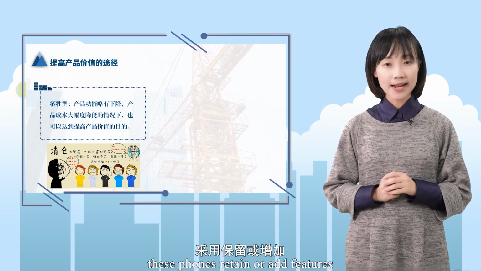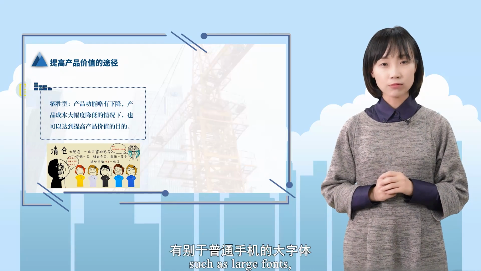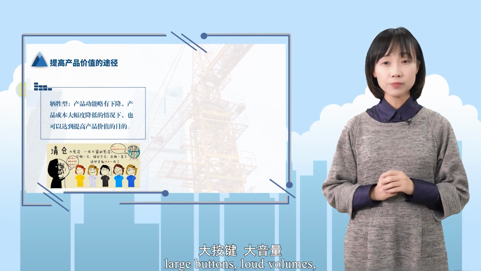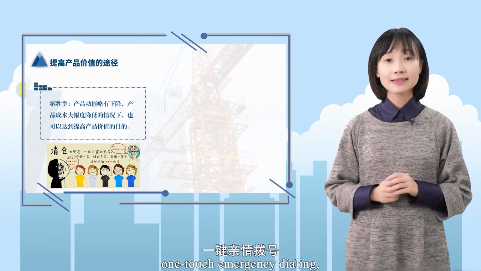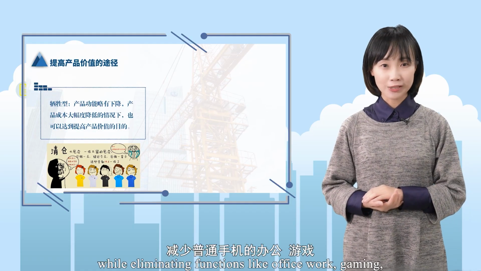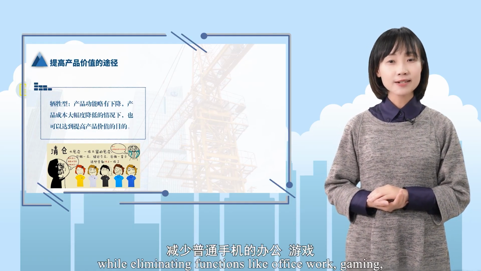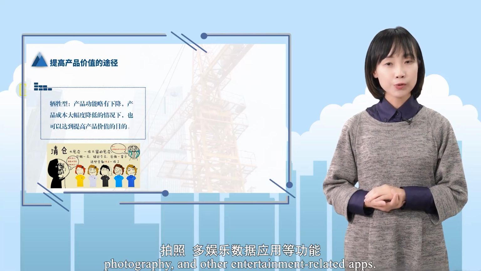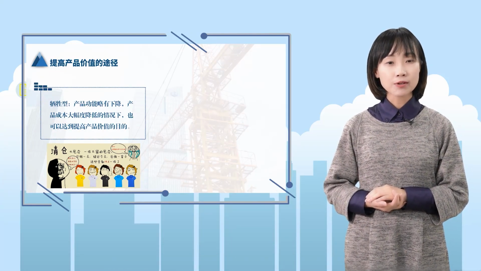These phones retain or add features such as large fonts, large buttons, loud volumes, one-touch emergency dialing, and radios, while eliminating functions like office work, gaming, photography, and other entertainment-related apps.